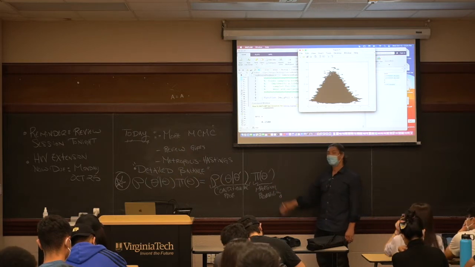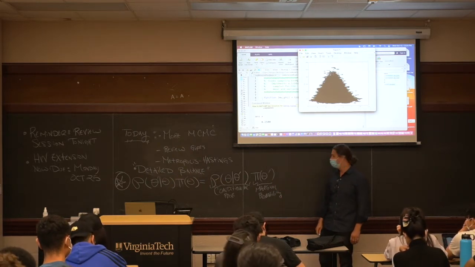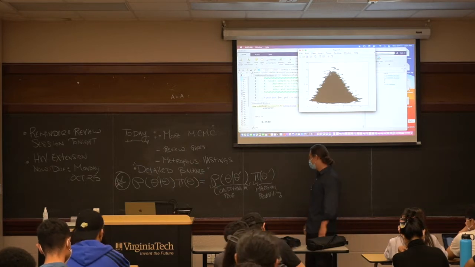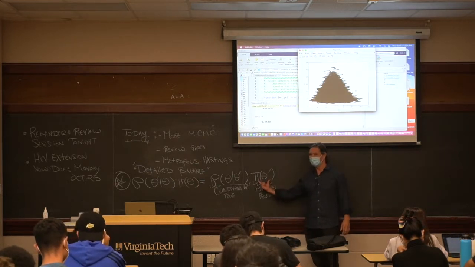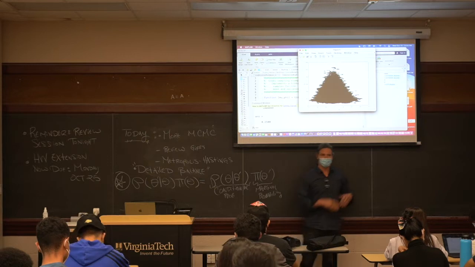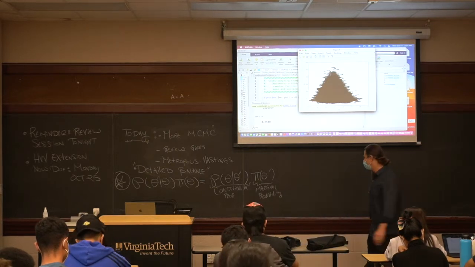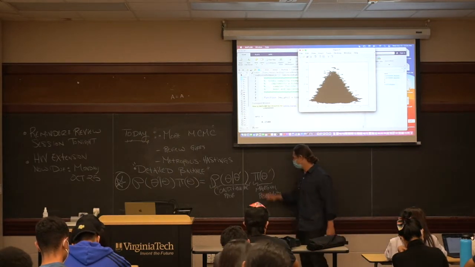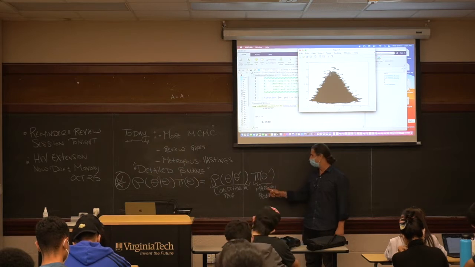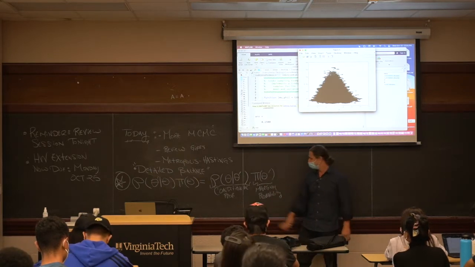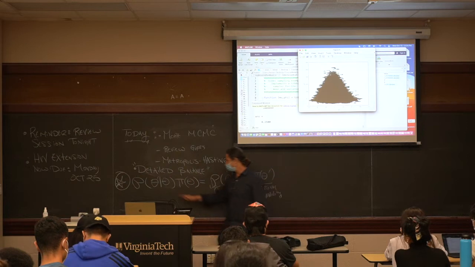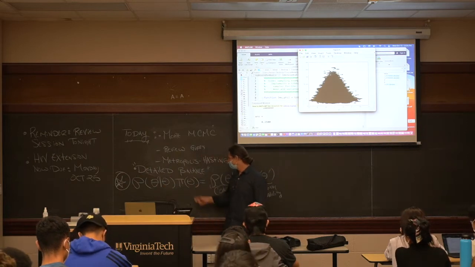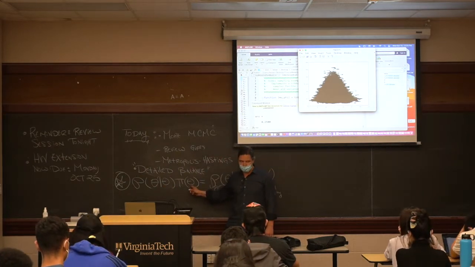If everything was continuous, this would be a density, and these would be density functions. If everything was discrete, then these would be mass functions. So this is the marginal probability or density of being at theta prime. This is the conditional, and this is the conditional in the reverse direction, and this is the margin for theta.